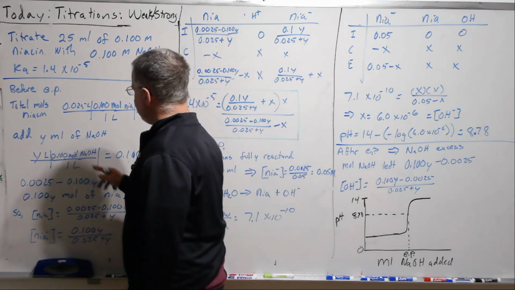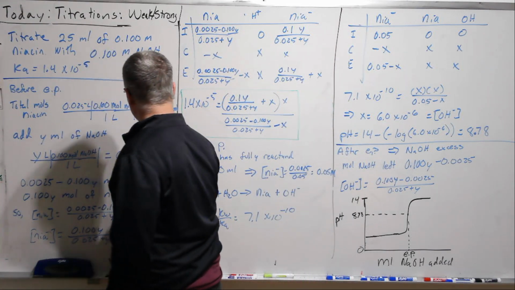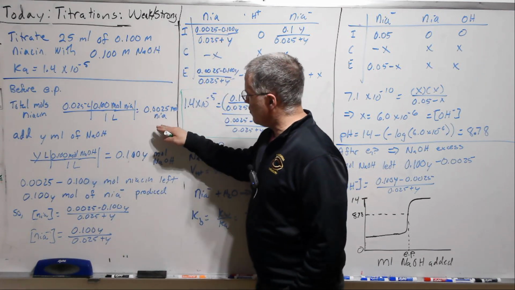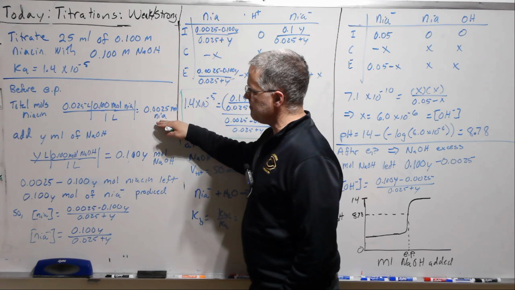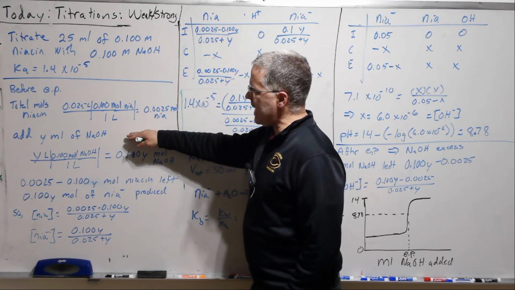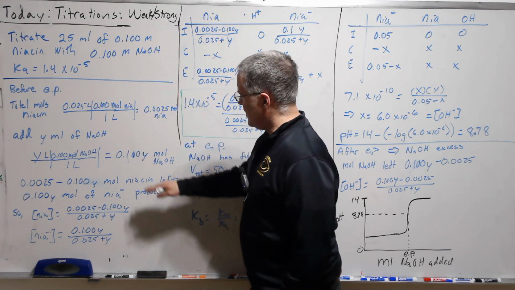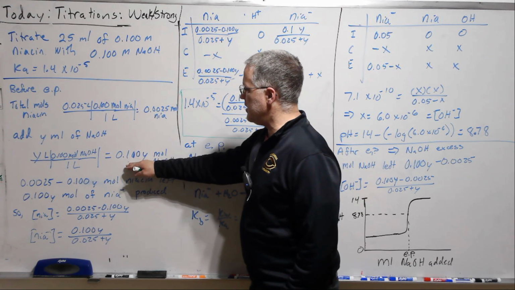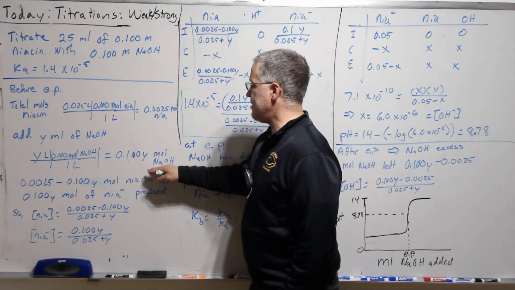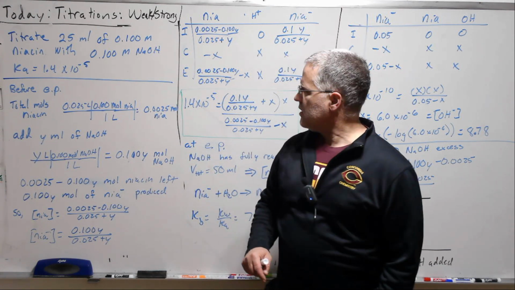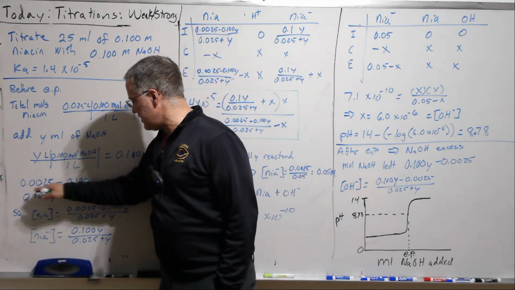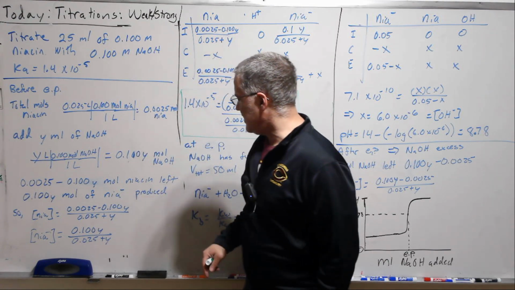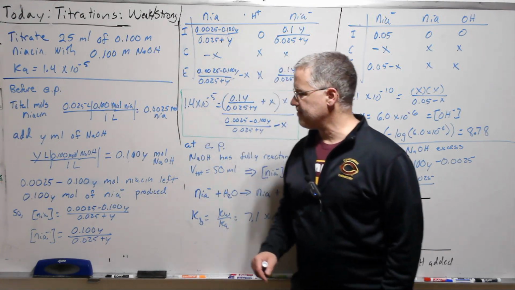Okay, so let's calculate as before. We can calculate the total moles of niacin, and we're going to add Y milliliters of NaOH. So we're going to get 0.1 times Y moles of NaOH added. We're going to do this before the equivalence point, so whatever this is, this number is bigger than that, and so we have niacin left over.